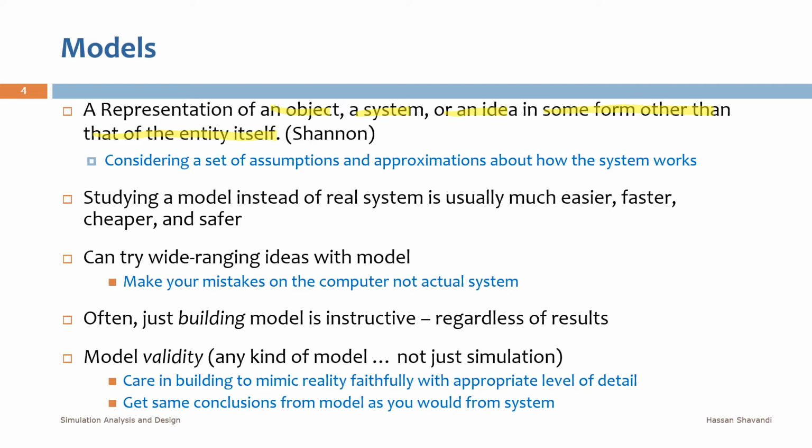So usually for building a model, we need to consider some sort of assumptions and approximations about how the system works. So yeah, a model is a simplified version of the actual and real system, right? So we need to consider some sort of simplifying assumptions and approximations.